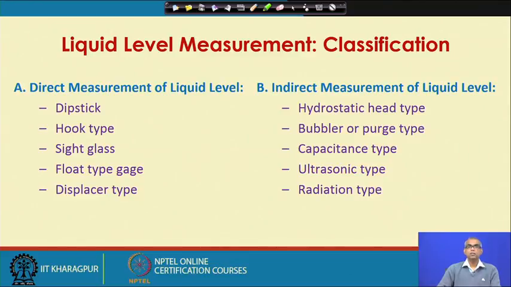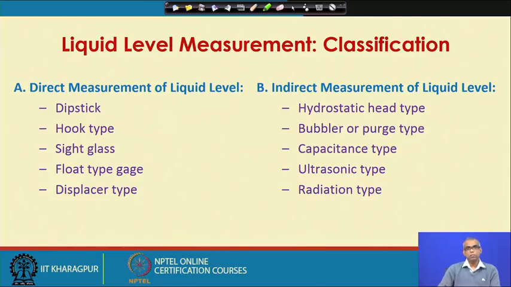For example, if we consider a liquid content in a tank, let us say an open tank of known dimensions, and if I measure the pressure at the bottom of the tank using a pressure measuring instrument, I know that this pressure P equals density of the liquid times acceleration due to gravity times the length of the liquid in the tank. So, P = ρgH is the familiar equation.